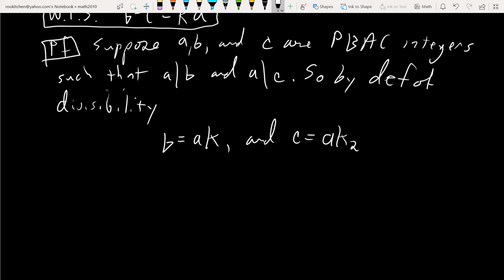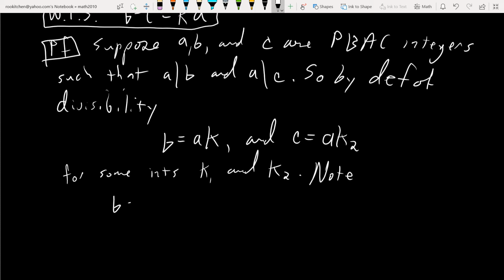For some integers K1 and K2. So now we go to using axioms and definitions and addition properties and stuff like that. So we notice, what is this B minus C thing?